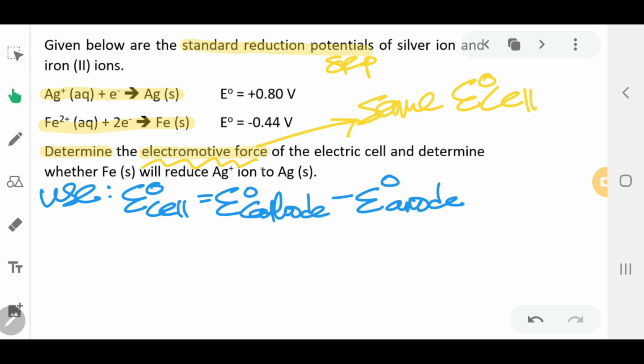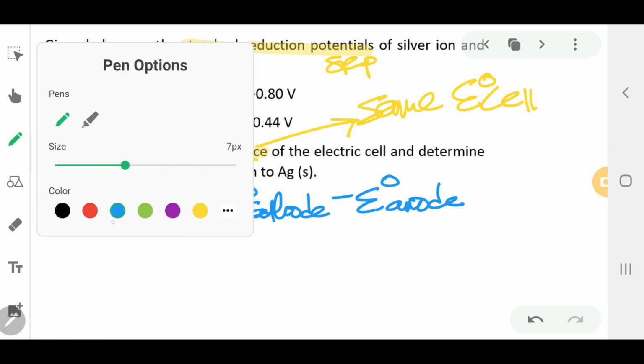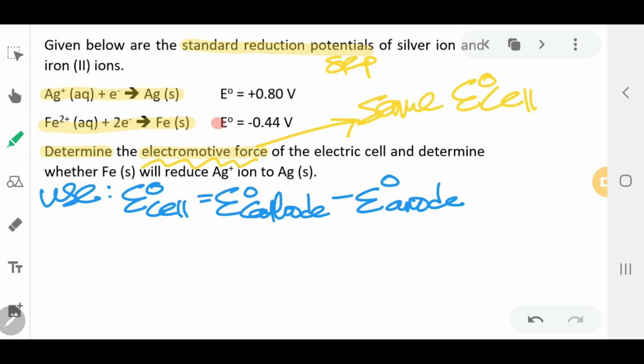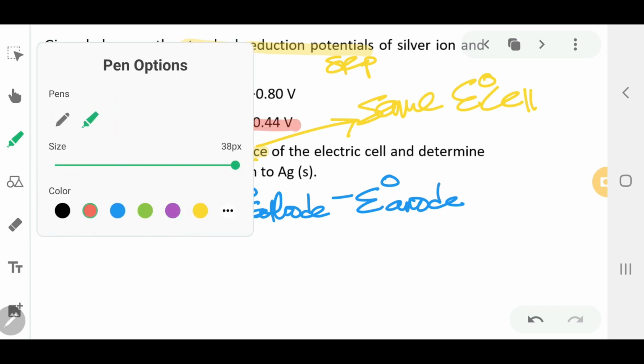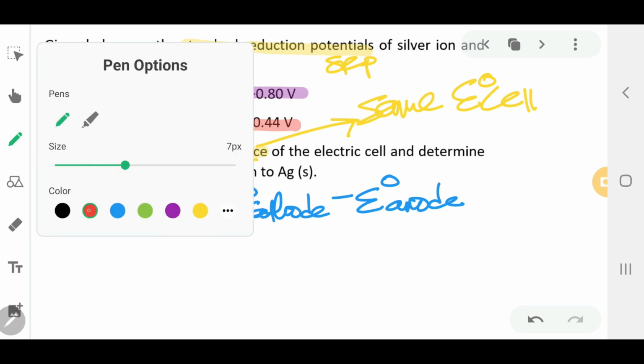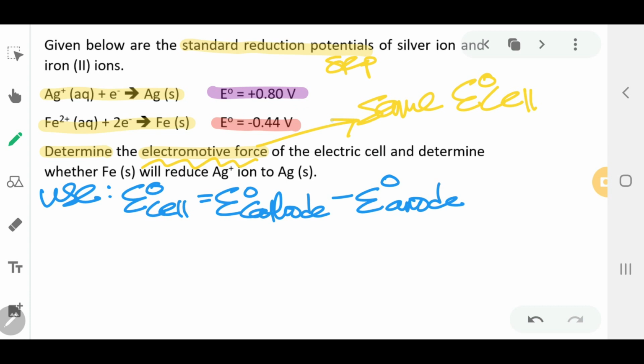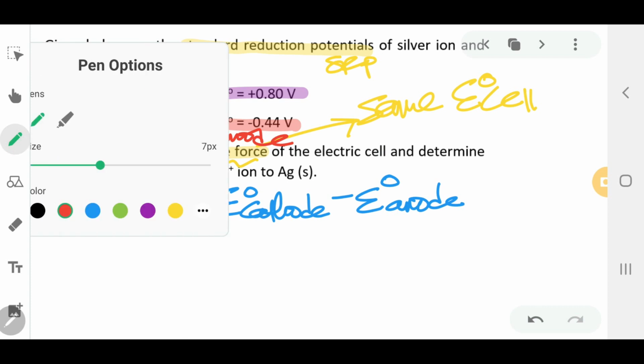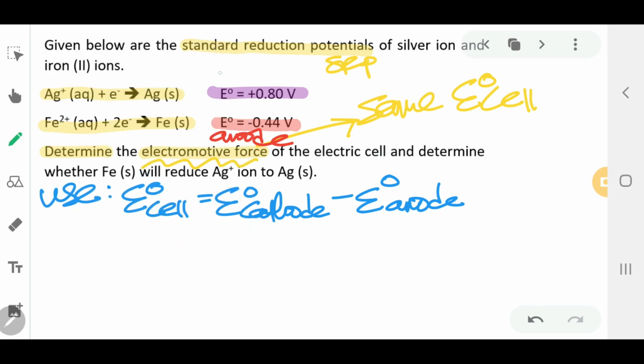And when you look at the E naught values over here, the one that is more negative, this one will be the anode, and the more positive will be your cathode. Okay, we're just going to simply put the values inside.